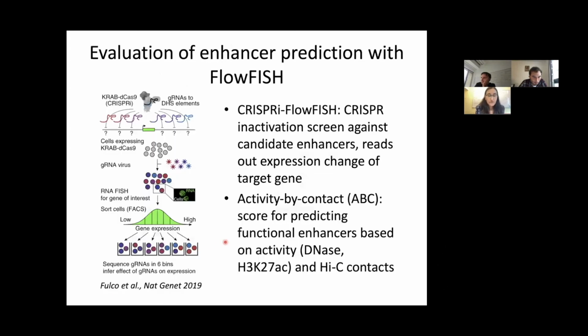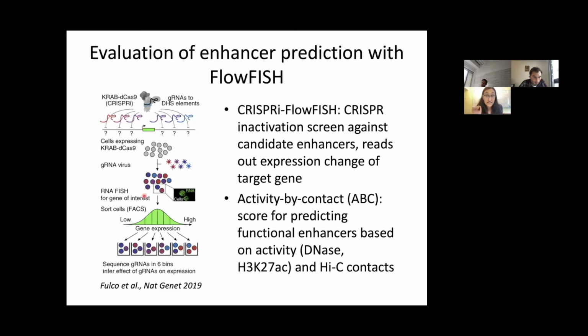Okay, how can we validate? There's nice data published by Jesse Engreitz's group, CRISPRi FlowFISH data. What they do is a CRISPR inactivation screen against enhancer elements for a gene of interest. For their gene, they look at accessible elements and design CRISPR guides against those putative enhancers.